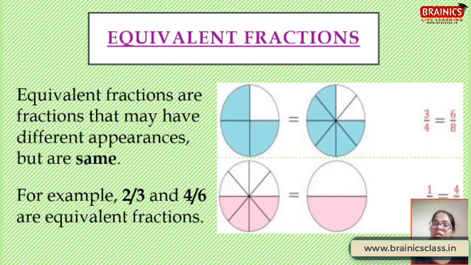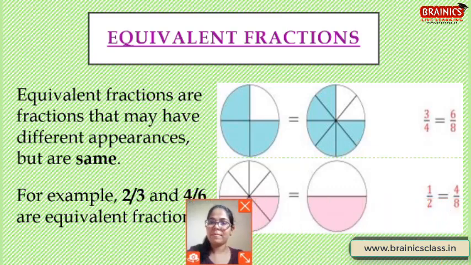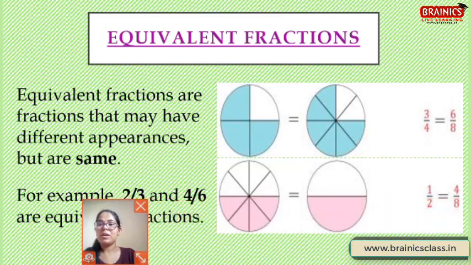Next, second example we will see. Two circles, some part is shaded with pink color. In first circle, the circle is divided into 8 equal parts and half portion is shaded, that is 4 parts are shaded.